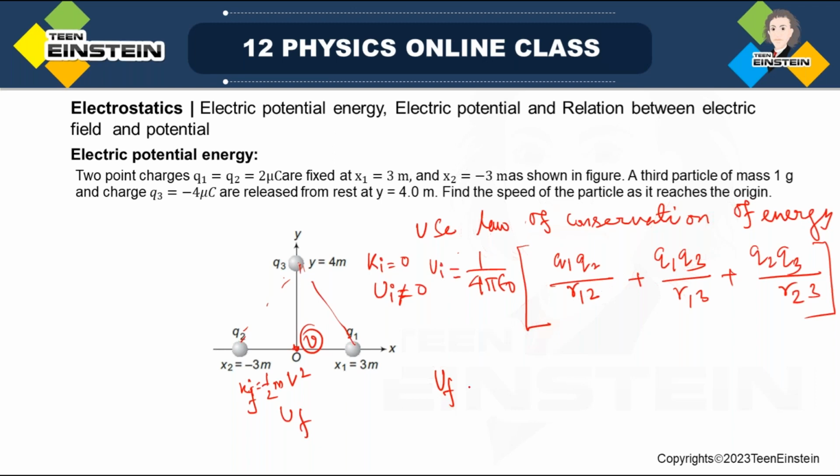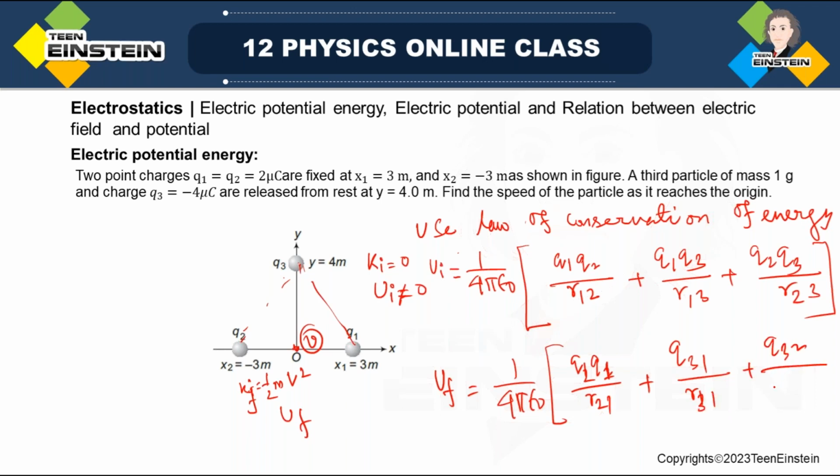But what about the potential energy, Uf? It is 1 by 4 pi epsilon naught, Q1 Q2, and so on.